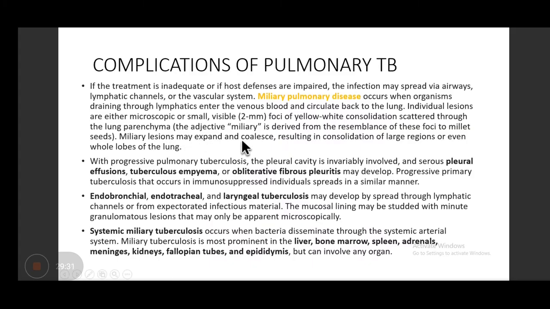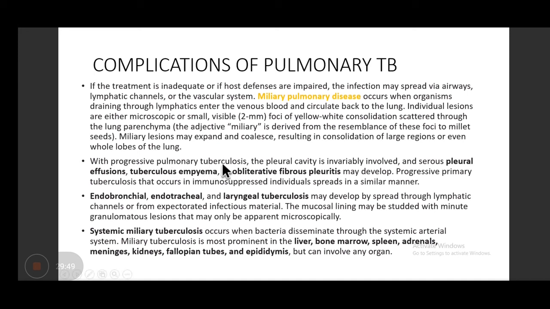Miliary lesions may expand and coalesce, resulting in consolidation of large regions of the lung, or even whole lobes of the lung can be affected. In your Robbins, a beautiful picture of miliary TB of the spleen is given. Just check that picture. It's a very nice picture.